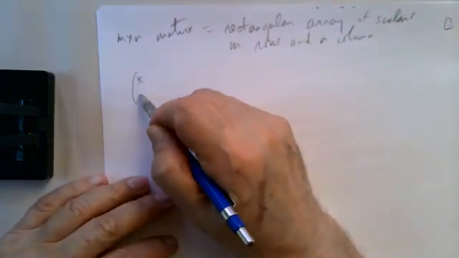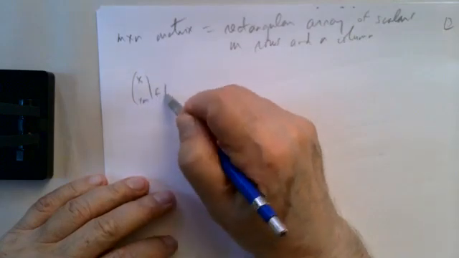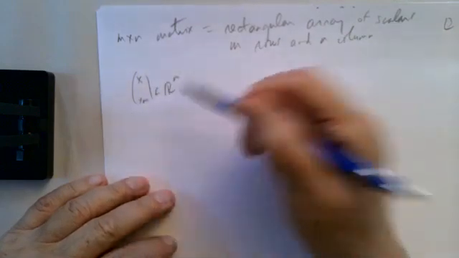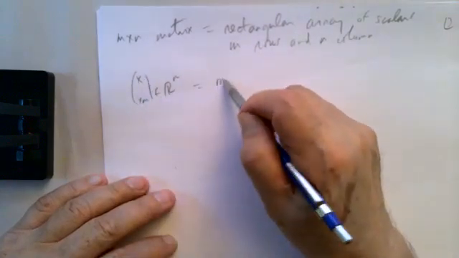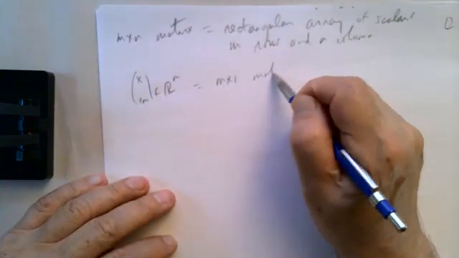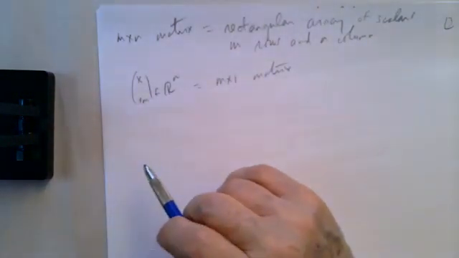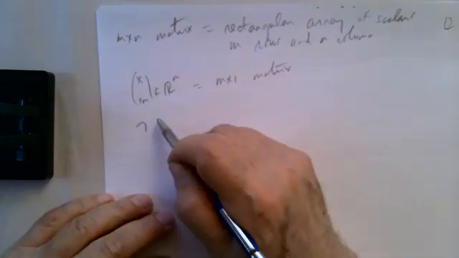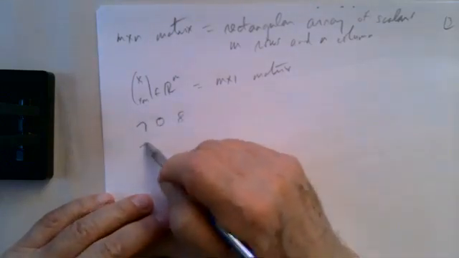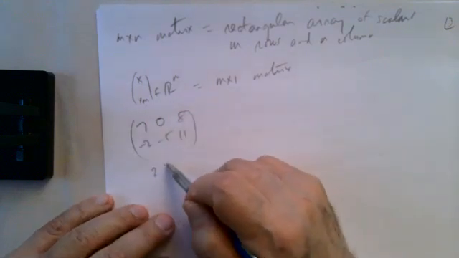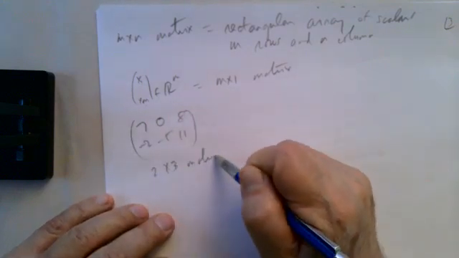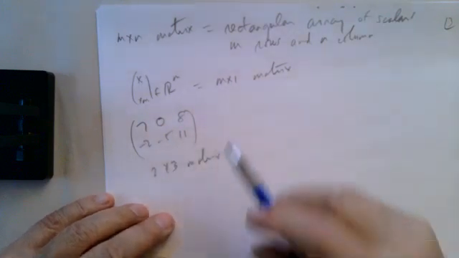So even your ordinary vector x1 to xm, let's say, in Rm, this is also a matrix. This is a matrix with m rows and one column, right? Or if you take 7, 0, 8, minus 2, minus 5, 11, this is a 2 by 3 matrix. 2 rows, 3 columns.